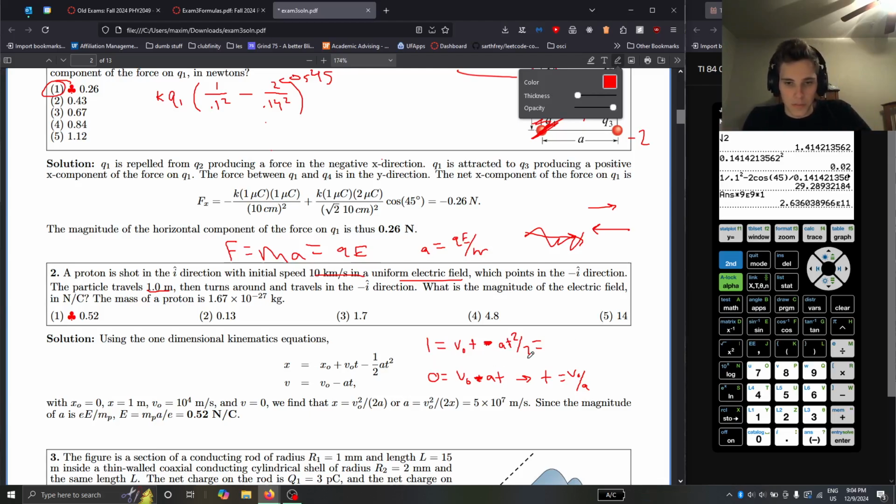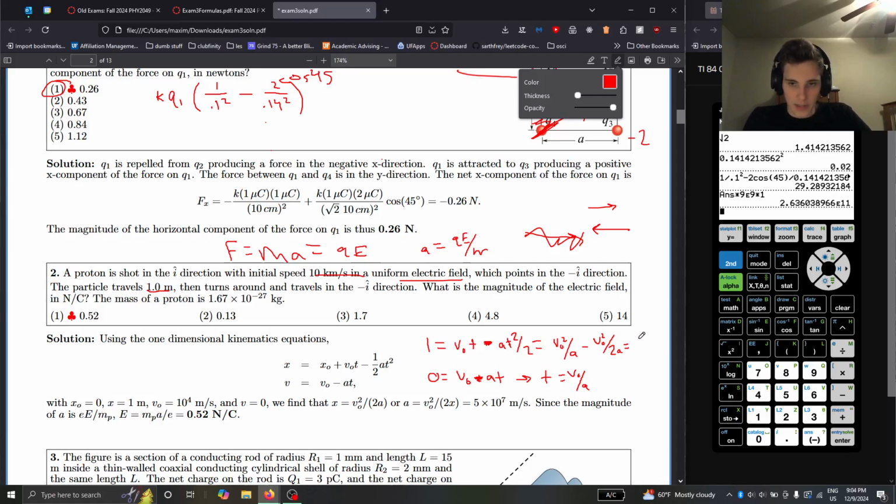So if we plug this t in up here, we'll get v naught squared over a minus, let's see, v naught squared over 2a, I believe.